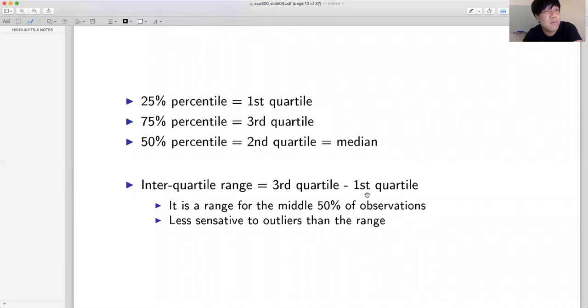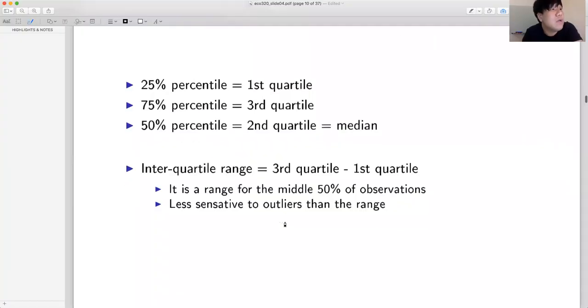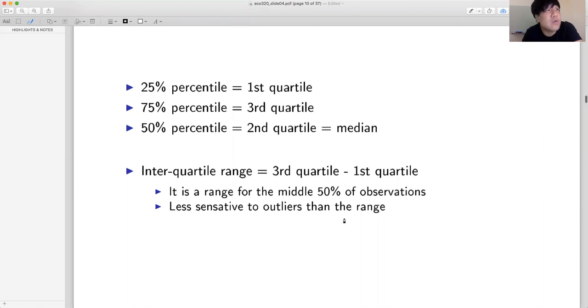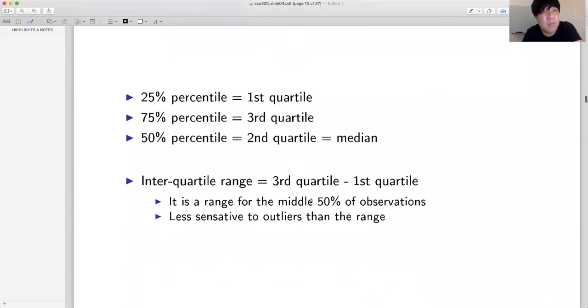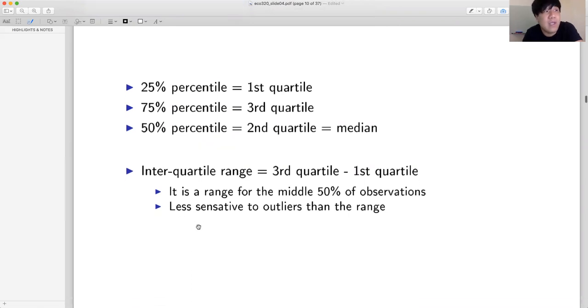The subtraction gives you the range for the middle 50% of observations. To overcome the disadvantage of the range, we look at the middle 50% of observations, so it's less sensitive to outliers than the range.